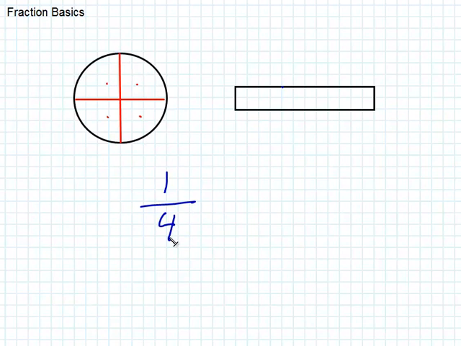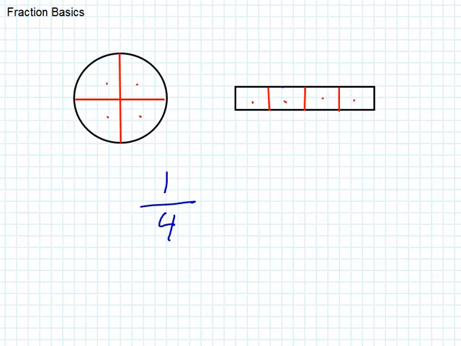But the bigger I make the denominator, the smaller the piece ends up being. So let's divide this one into 4. So it's like dividing it in half and then dividing each of these in half. Okay, so if I have 12 squares long, 1/4 of 12 is 3, so I just go 3 squares. All right, so that's a fourth, that's a fourth, that's a fourth, that's a fourth.